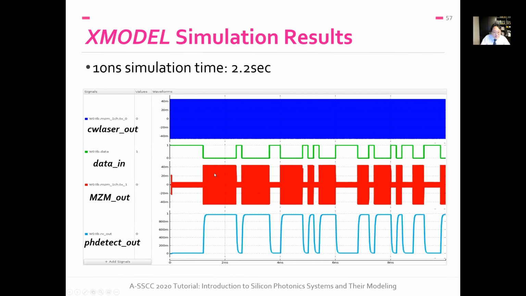The digital data modulates the optical signal through the Mach-Zehnder modulator, and the photodetector recovers the original waveform. Polarity is flipped, but other than that, you can see the information is being propagated correctly between the transmitter and the receiver. And the simulation takes only 2.2 seconds for a 10 nanosecond simulation time.